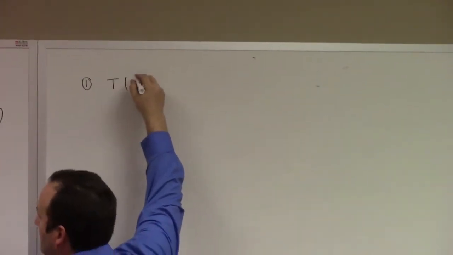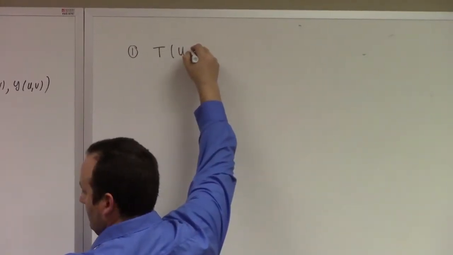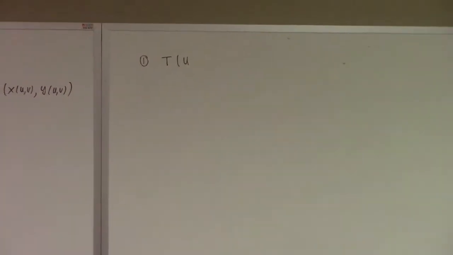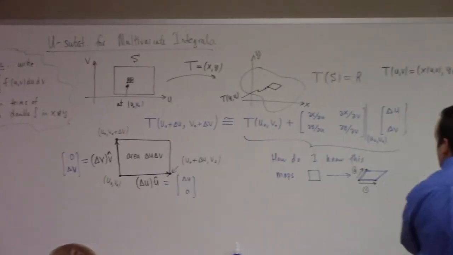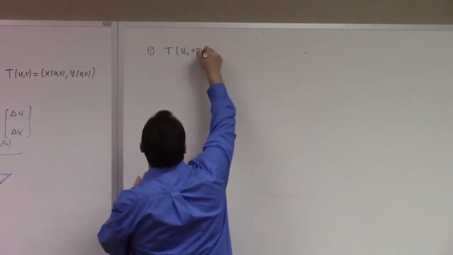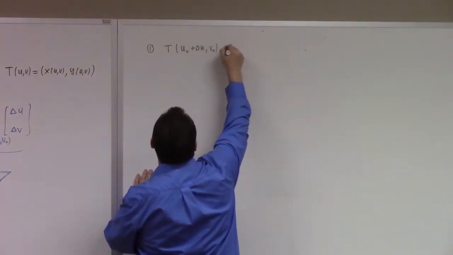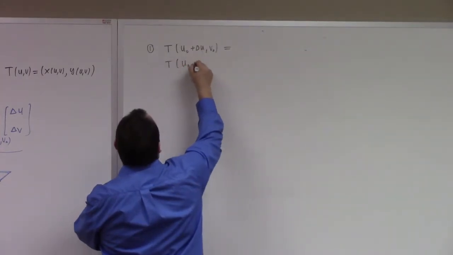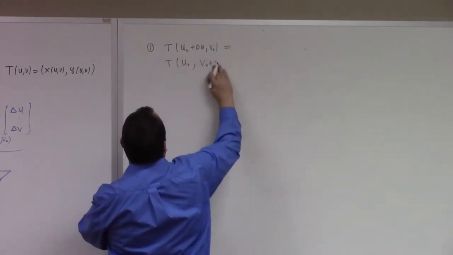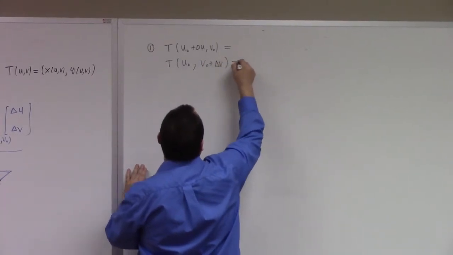Now, vector 1 should be T of something. This point here is u naught, v naught. I need to figure out what T is of those points, u naught plus delta u, and the other one.